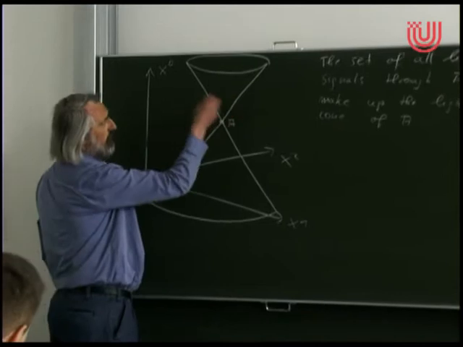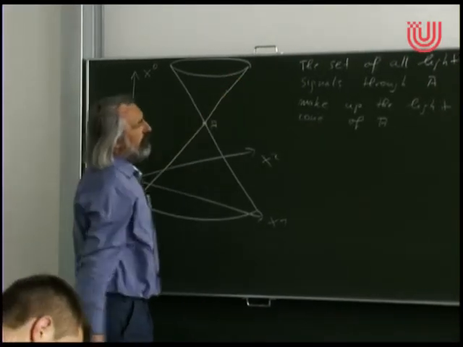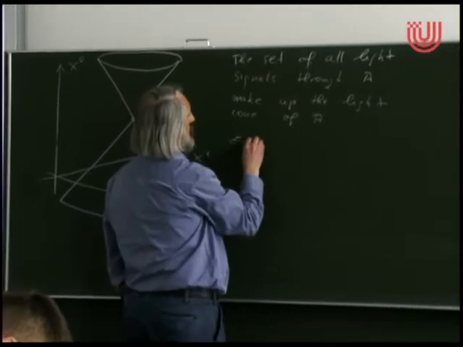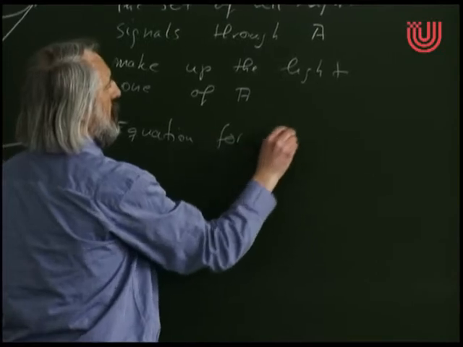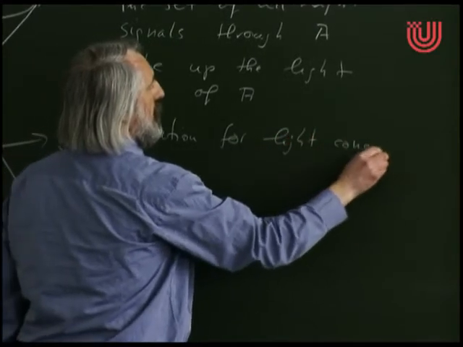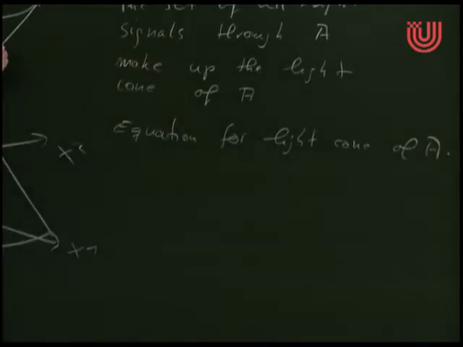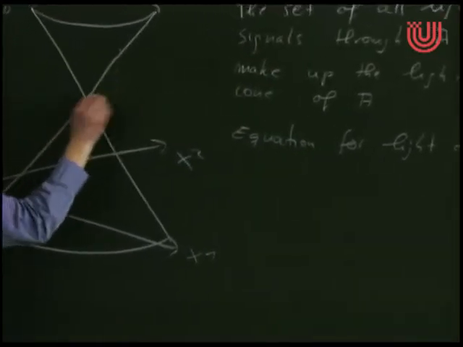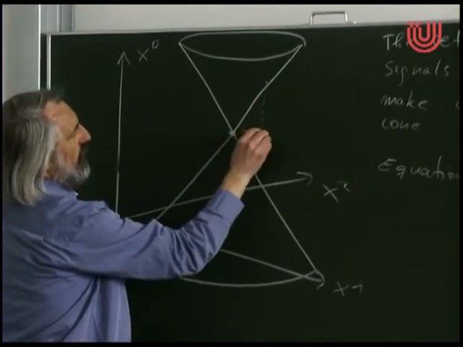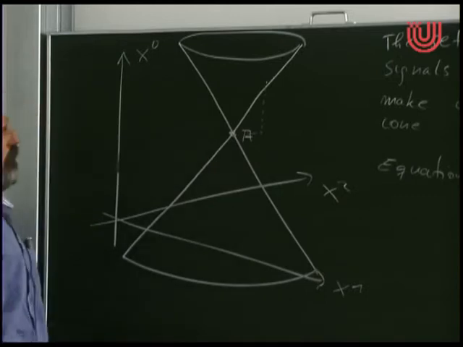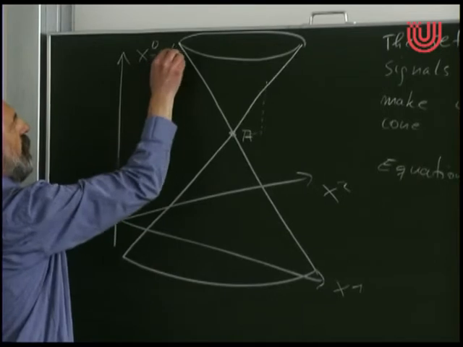We can write down the equation which events that lie on this light cone, on the boundary, have to satisfy. So the equation for the light cone is obviously the following, where for each point which is on the light cone, the temporal distance to the event A must be the same as the spatial distance if I multiply the time with c as we always do.